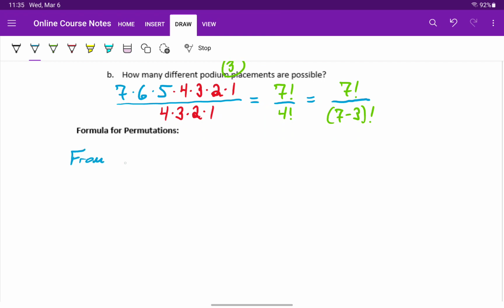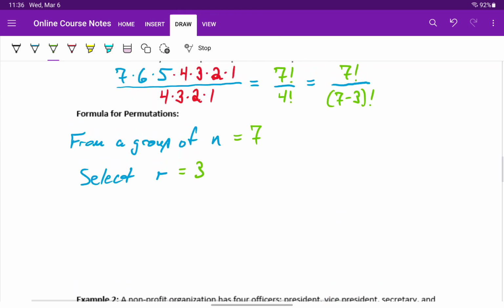When we consider permutations, what we're going to do is from a group of size n, in this previous example, our value for n was 7, we're going to select r items. In our previous example, part B, that value for r was 3. If we compare these values, 7 and 3, to what we have expressed up there, we can generalize this into a formula.